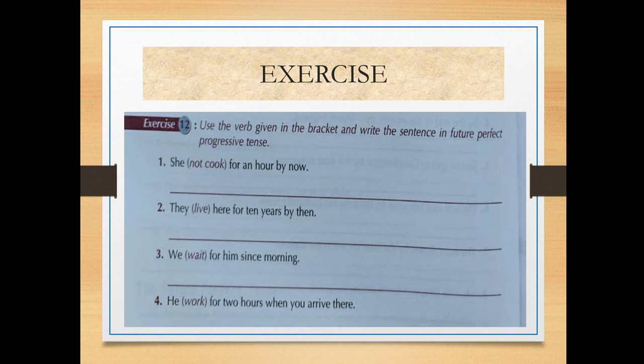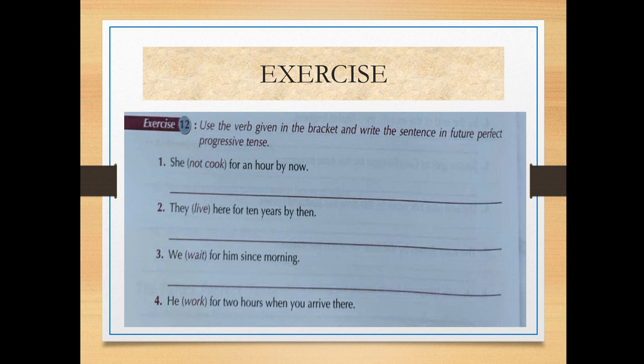Use the verb given in the bracket and write the sentence in future perfect progressive tense. Let's see the first one. She not cook for an hour by now. She shall not have been cooking for an hour by now.